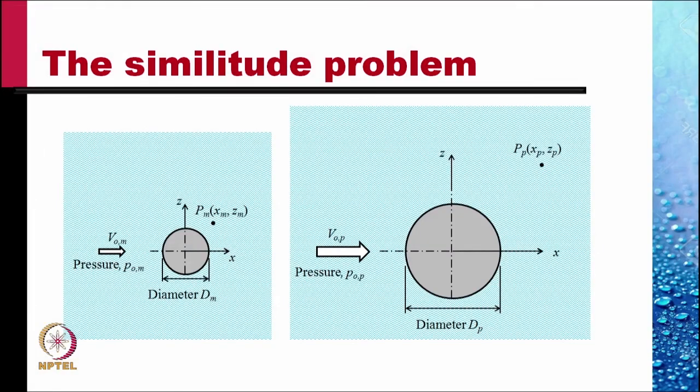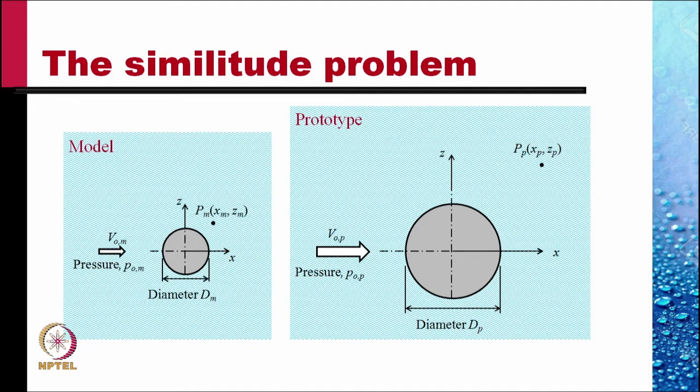So, if we have two experiments, one we call a model experiment, the other we call a prototype experiment.